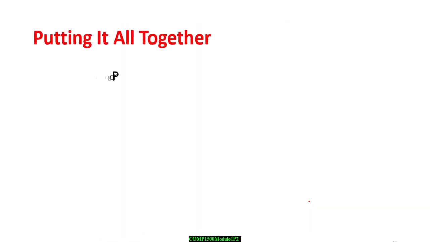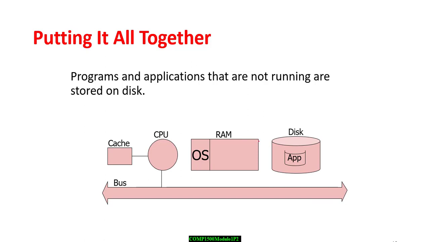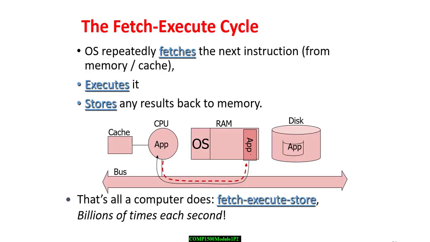Putting it all together, summing the whole thing, we have our application. After we load our operating system, the application will run from the hard drive into the RAM, and it will start running from the RAM forward and backward to the CPU.